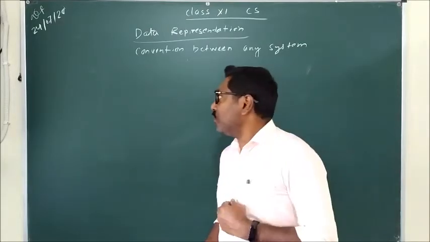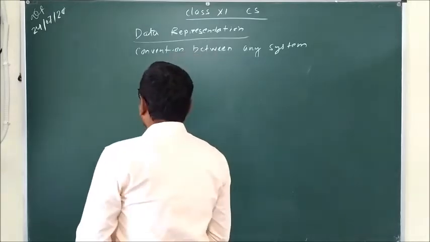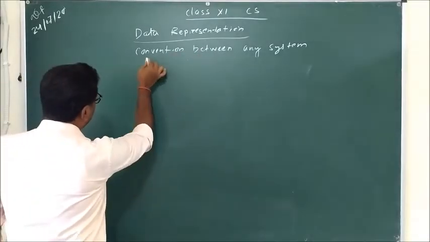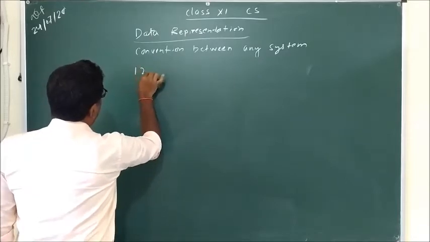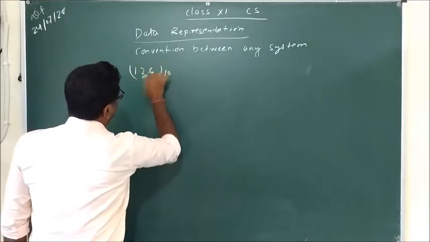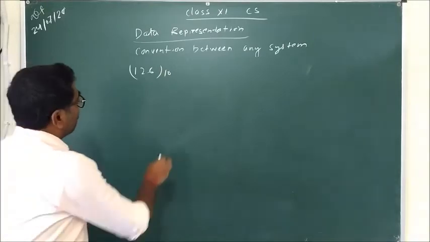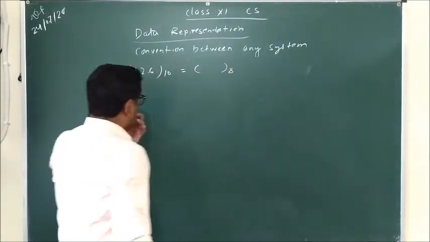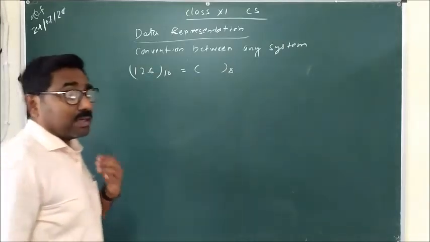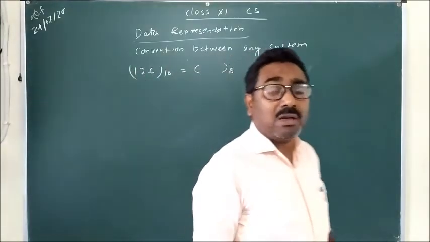So first we'll go for converting a base 10 number, suppose 126 base 10, and we want to convert it to base 8. Now the decimal number is converting to an octal number.